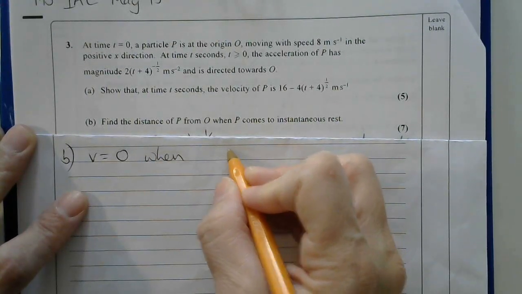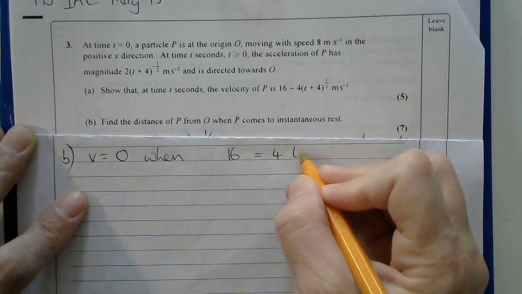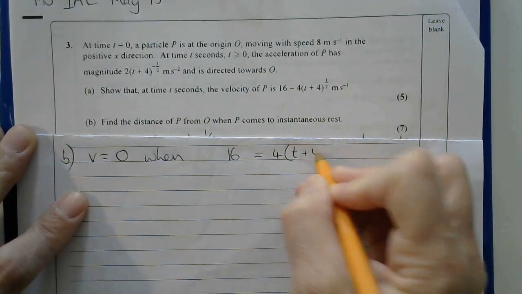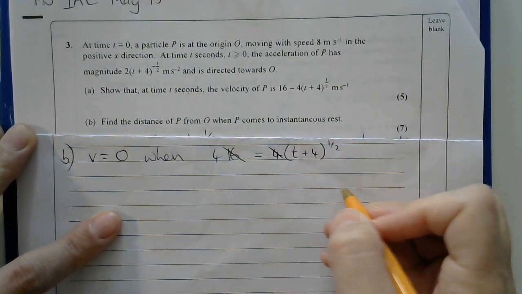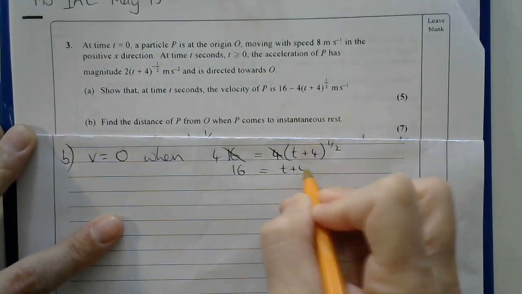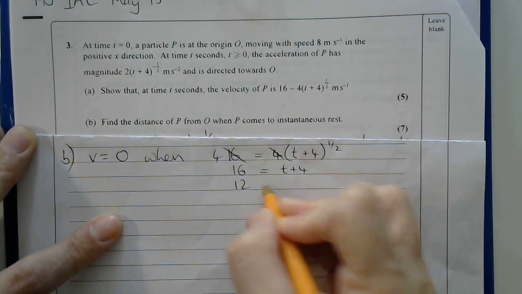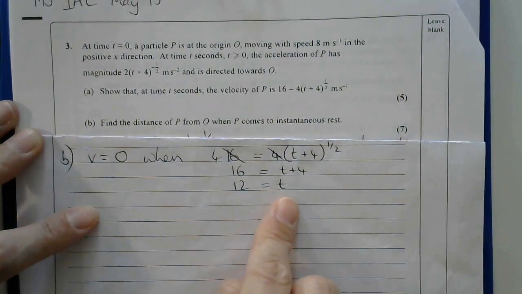So in other words, I will have 16 equal to 4 multiplied by t plus 4 to the half. So if I divide both sides by 4, and then square both sides, and then subtract 4 from both sides, I know that the velocity will be 0 when t is 12.